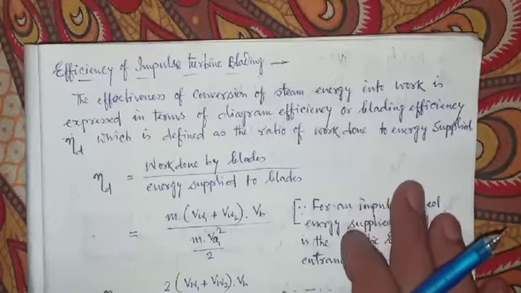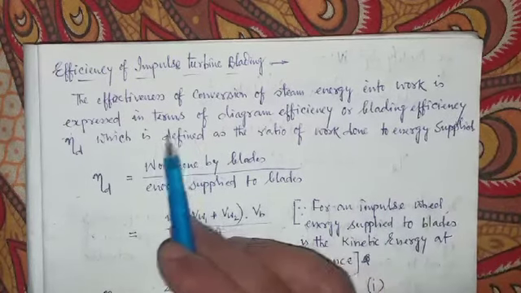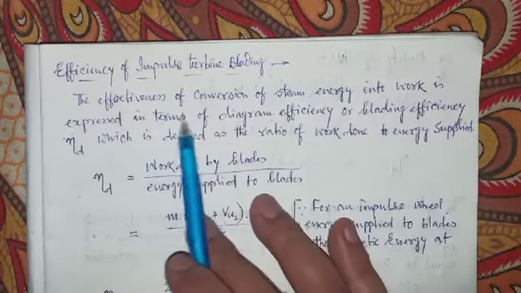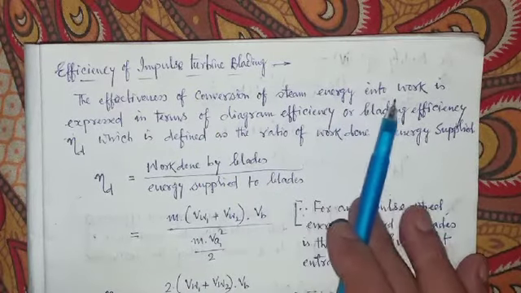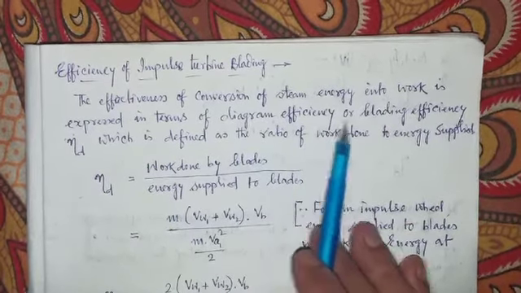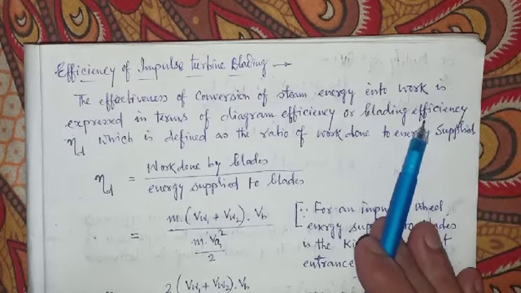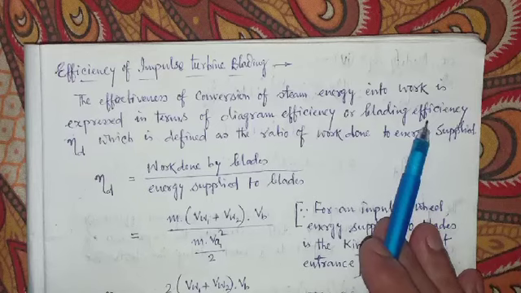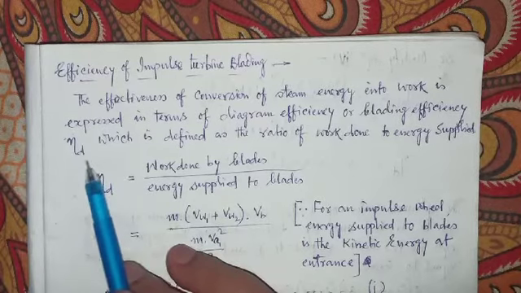It has been written already that the effectiveness of the conversion of steam energy into work is expressed in terms of the diagram efficiency or blading efficiency. It has another name, the utilization factor, and it is expressed by this.